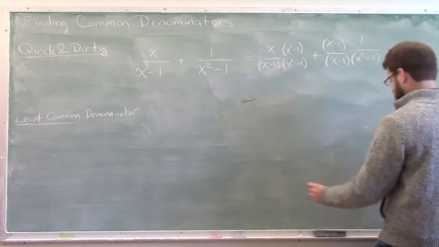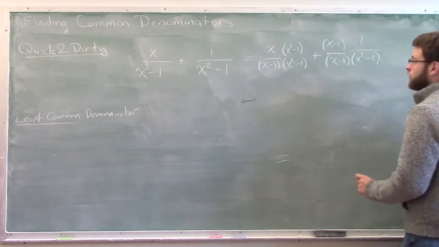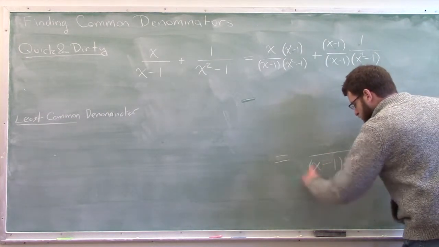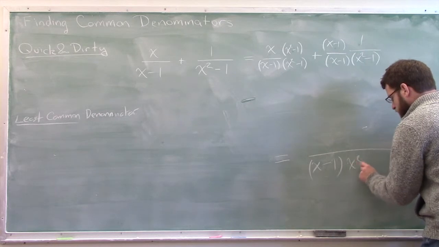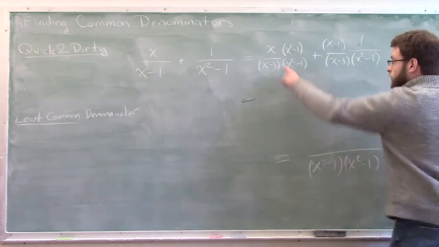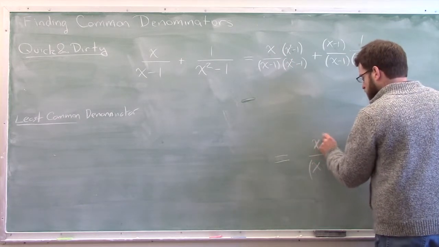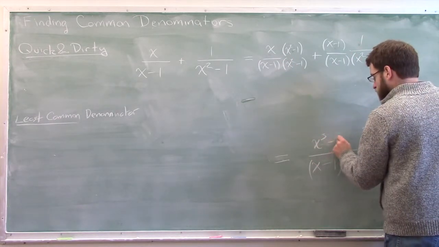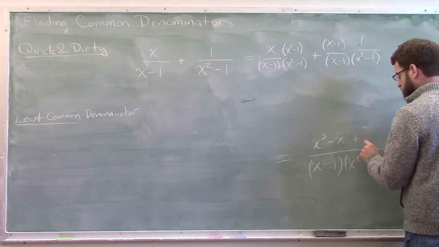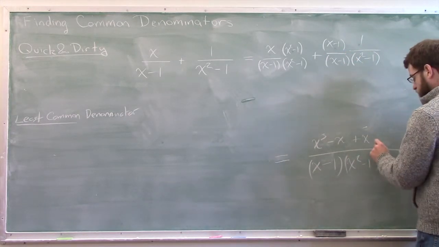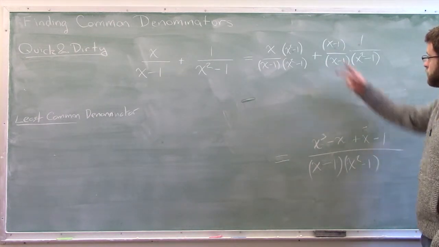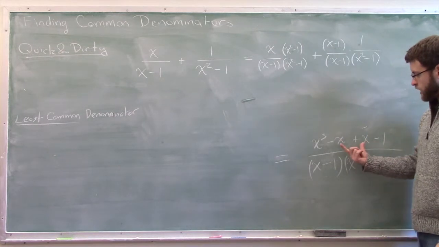And let's write this down maybe over here. So our denominator looks like x minus 1 multiplied by x squared minus 1. And our numerator is going to look like, do the multiplication here, we get an x cubed minus x. And in the second term, we're going to get a plus x minus 1. Okay? So those terms are going to combine.